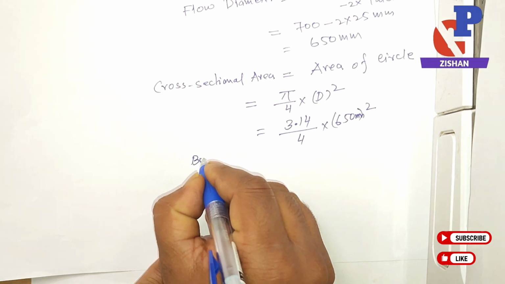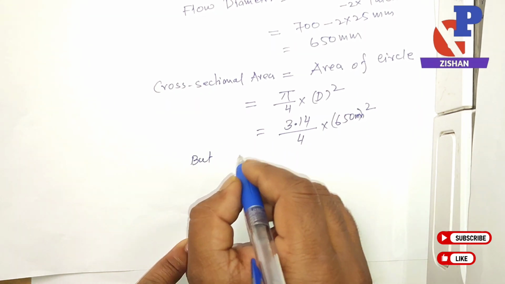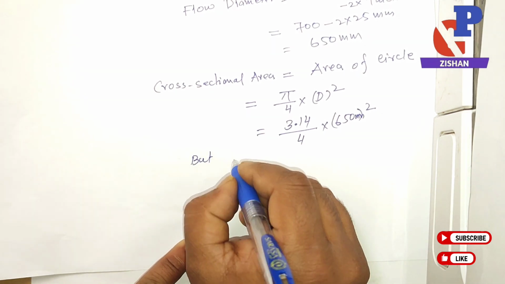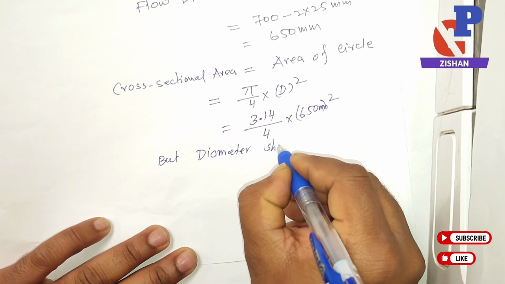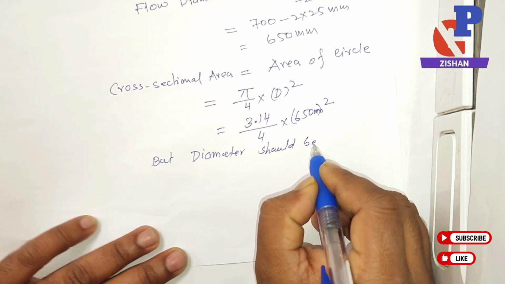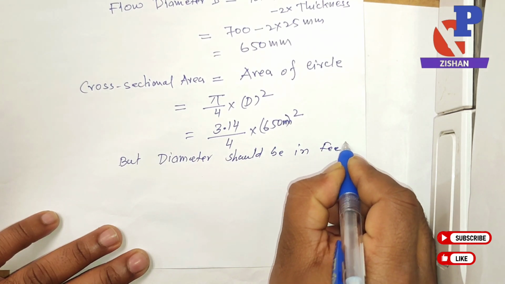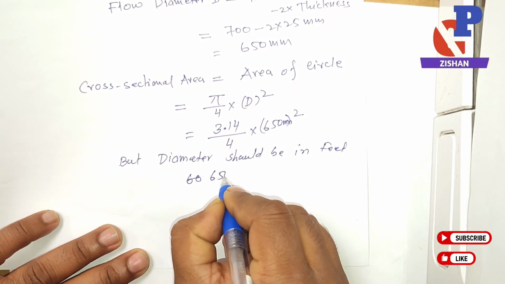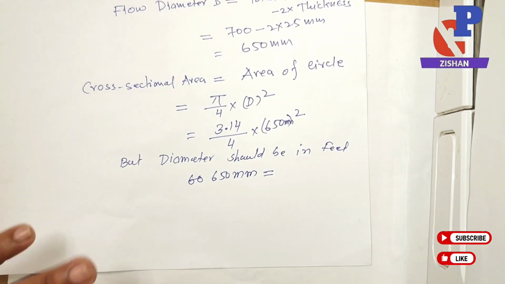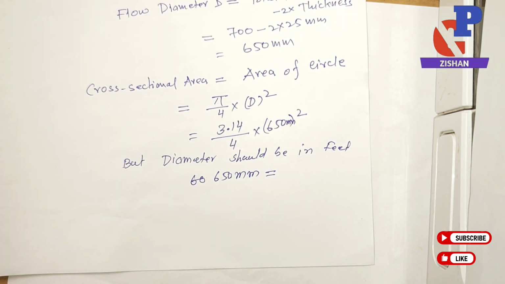But for the area, we cannot put it in mm. We have to convert this diameter into feet. The diameter should be in feet, so we convert 650 mm into feet so that we can take the area in feet square.